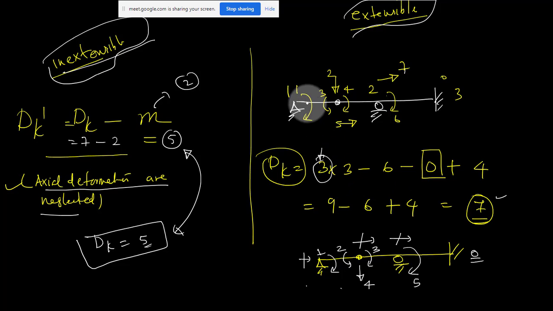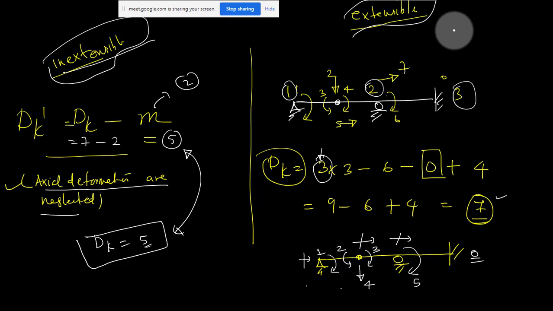That means this is first joint, this is my second joint, this is my third joint. I have taken the first joint this one, second joint this one, that means this is one member. In this equation also I have taken this as one member only. That is why you should not count this as two members, because I did not count this as a joint.